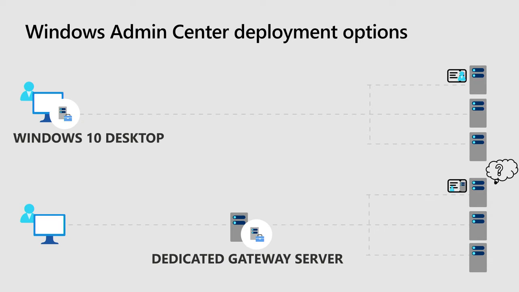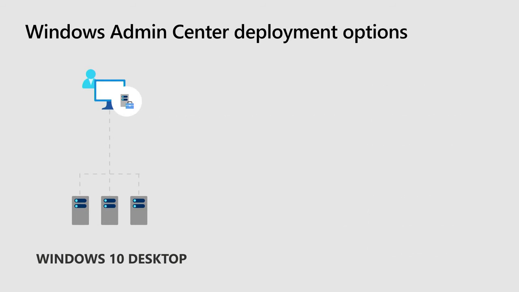What the server has to figure out is whether it can delegate. If this server is trusted for delegation for me, it will execute the command, and if not, access denied. A little later, I'll talk about how that delegation is set up. So that is the main difference between Windows 10 deployment and a dedicated gateway server.